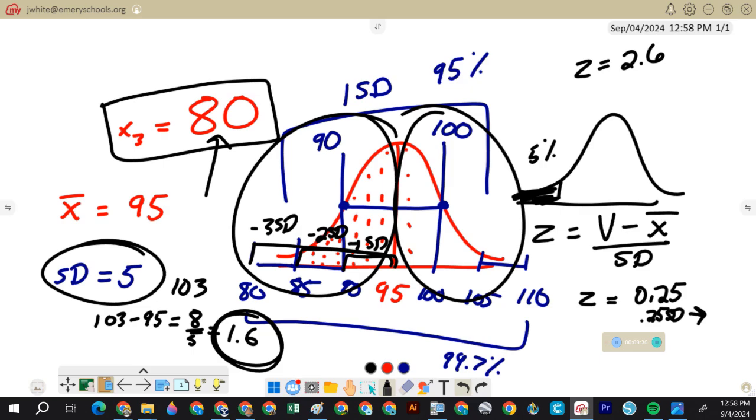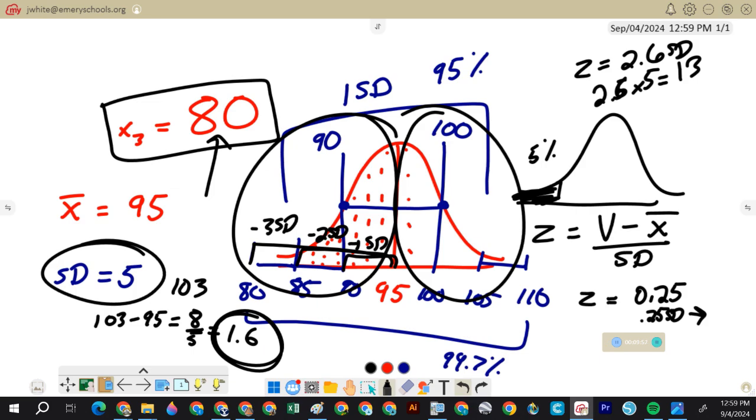So how do we calculate what you got on the test? Well, this is in SDs. How much is each SD worth on this test? 5. So we're going to take 2.6 and times it by 5, and I get 13. What does 13 tell me?